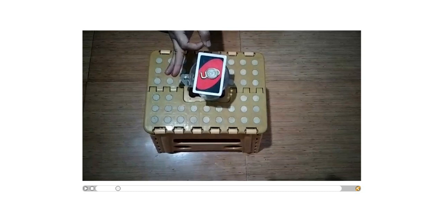See, in this activity the card is in the state of rest, the coin is also in the state of rest.